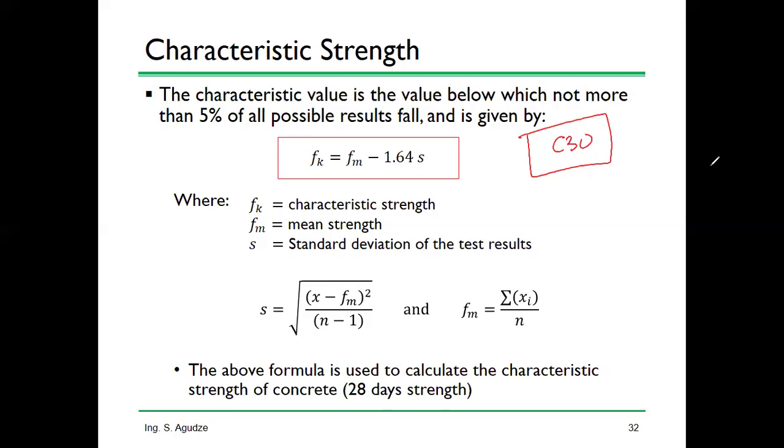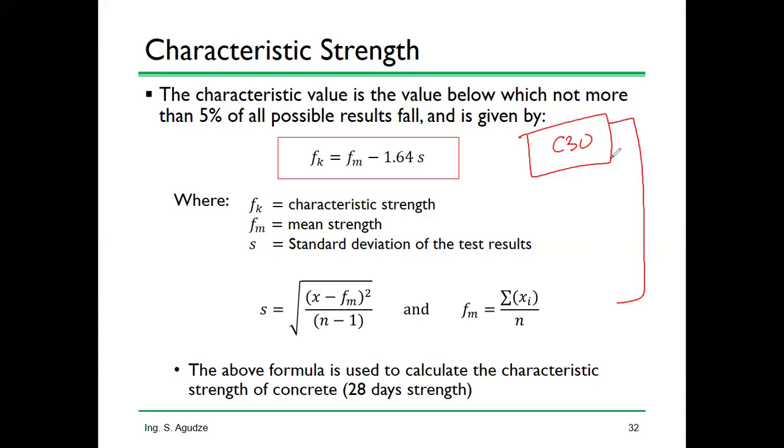And the compressive strength you get from each of the cubes is not the characteristic strength. I'm stressing again, it's not the characteristic strength. If you want to get a characteristic strength, let's say you test about 20 cubes. You have results for 20 cubes.